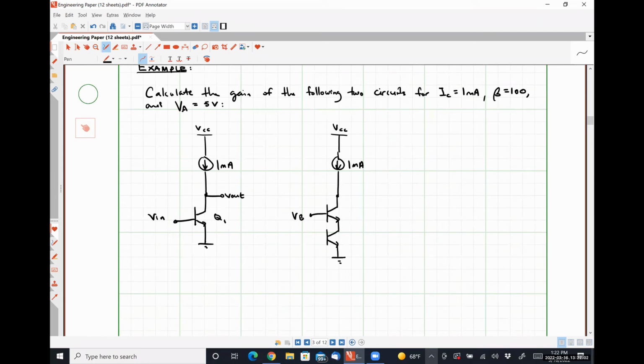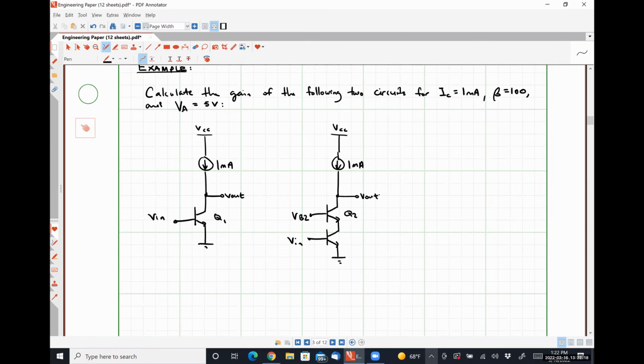Here's a bias voltage, VB2. Here's our input voltage, VN. Here's our output voltage, VOUT.